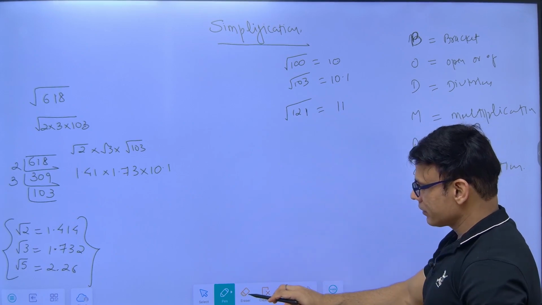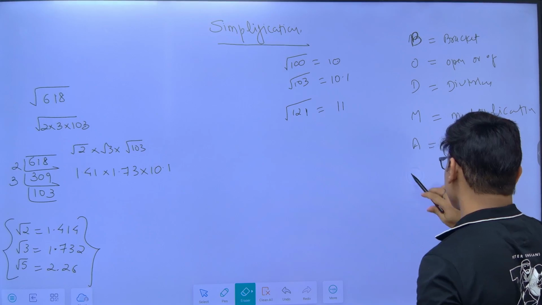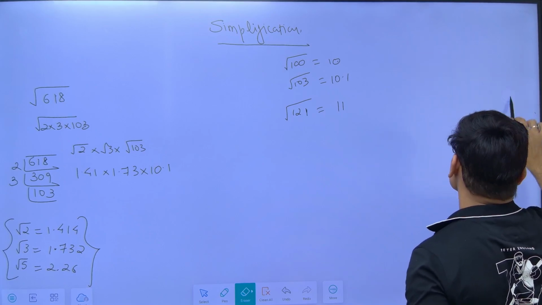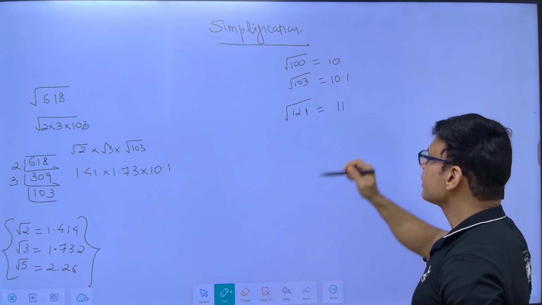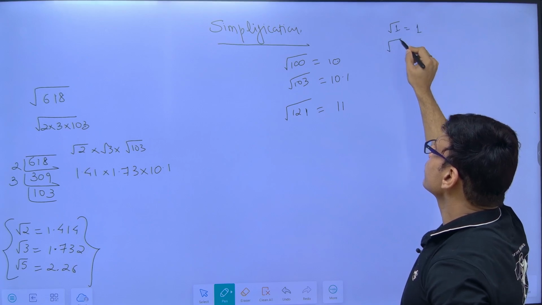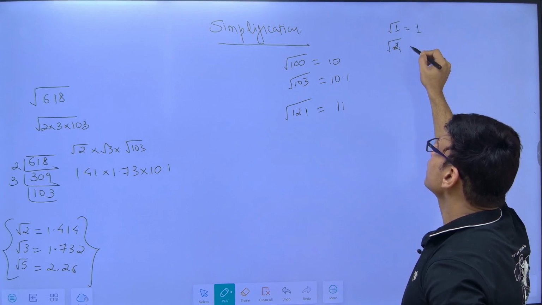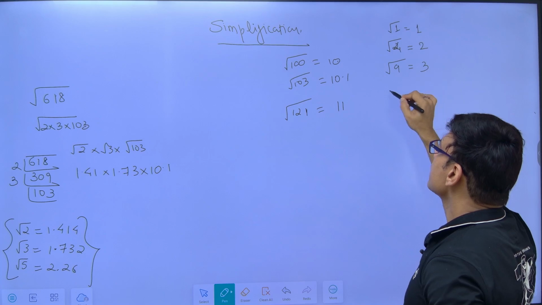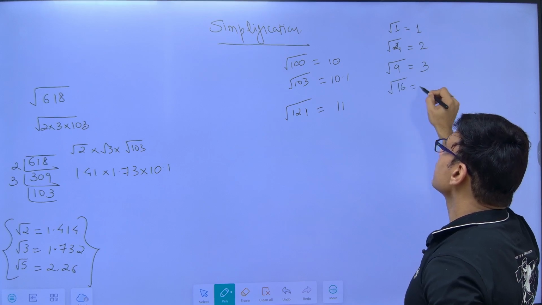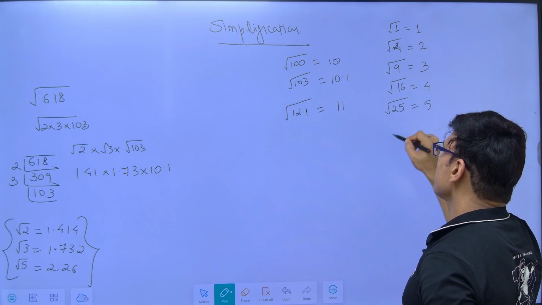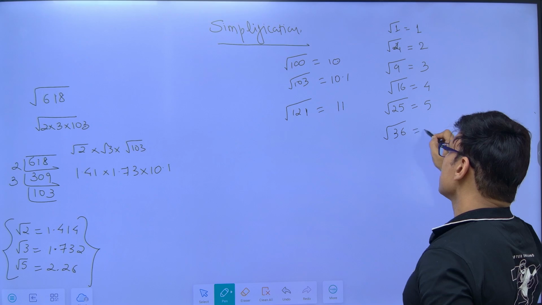Now, I'll just write down certain squares or say under root values of this. So under root of 1 is what? 1. What is under root of 4? 2. Under root of 9. Under root of 16. 4. Under root of 25. 5. Under root of 36.